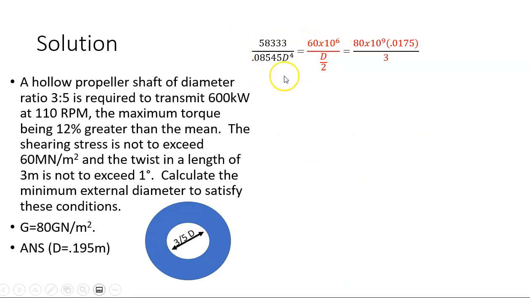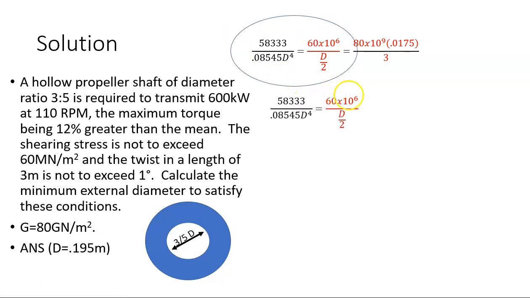I'm going to take this part of it first. First thing I'm going to do is cross multiply. So this value here is going to go up to this position, and this 60 by 10 to the 6 is going to go down here.